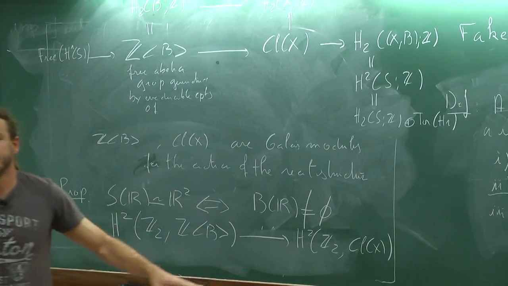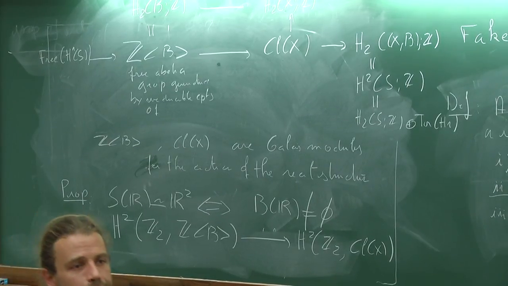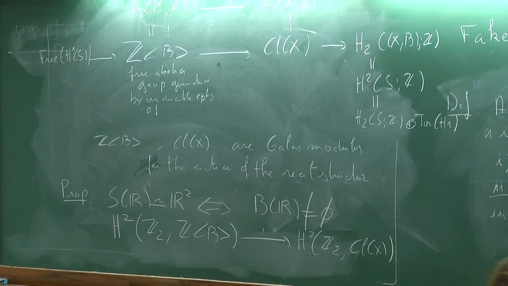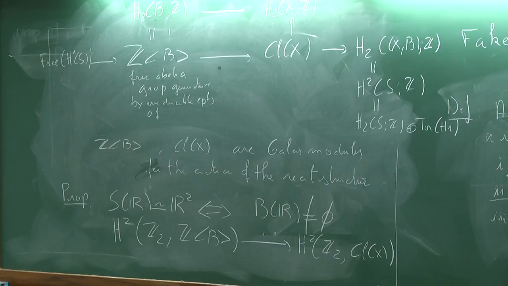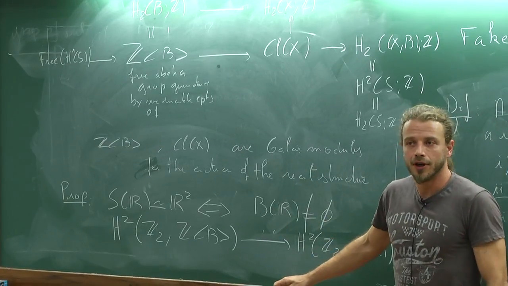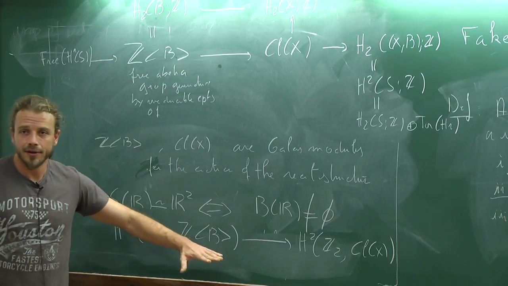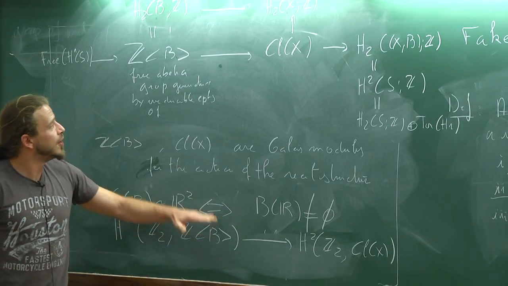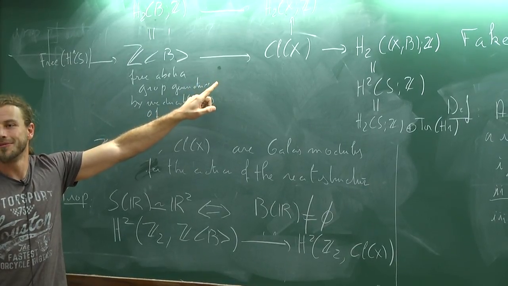Hidden behind this is the fact that whenever you have a Weil divisor defined over R, you can associate to it some kind of real cycle of half the dimension, which is essentially the topological class of its real locus. And then it's some kind of abstract nonsense with exact sequences. But the point is, in many circumstances, this map is just obtained from this one by tensoring with Z2.